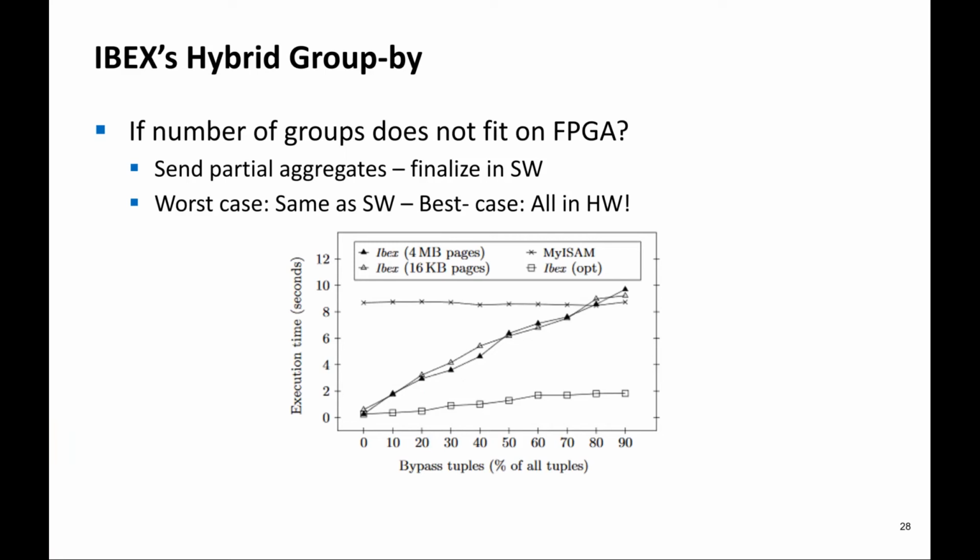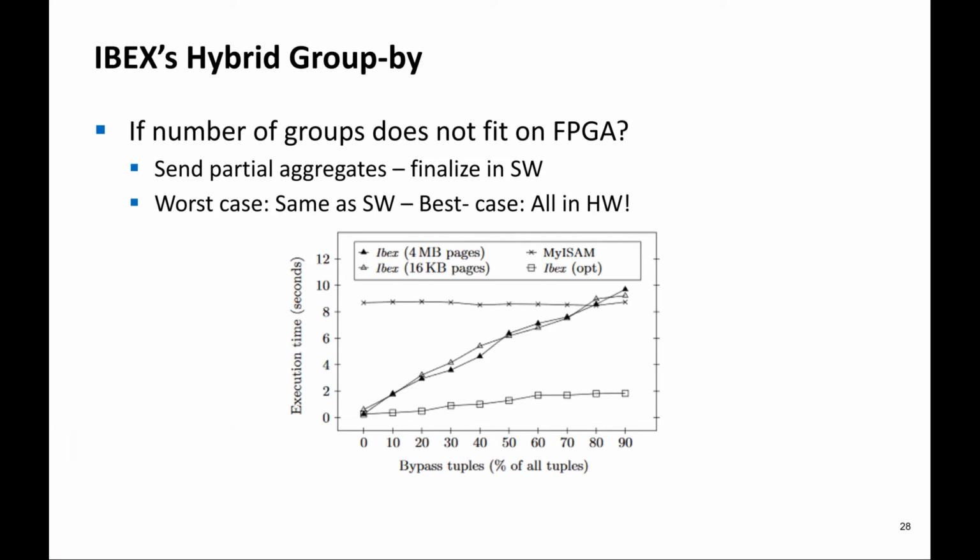And what we saw in the paper, just to explain, this is execution time, so lower is better. This shows how much of the tuples have to be post-processed on the CPU side. And this is a little bit older paper, so MyISAM, I think you don't really see it so much these days, but this is one of the storage engines that MySQL supported at the time.